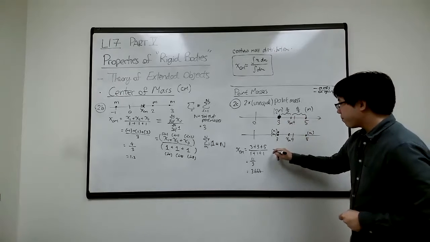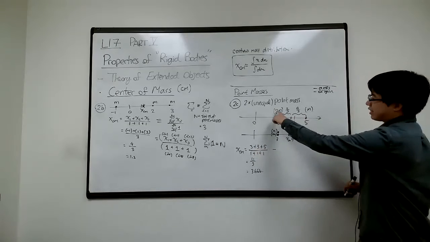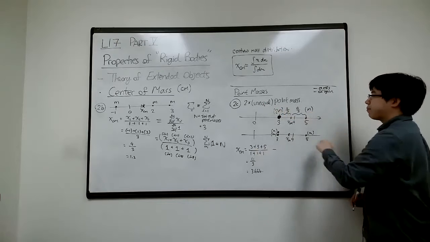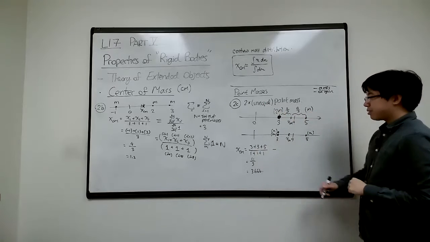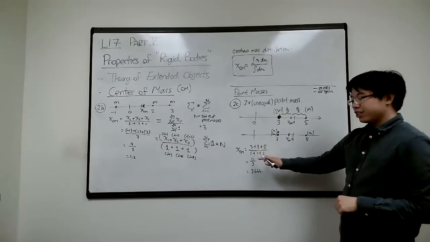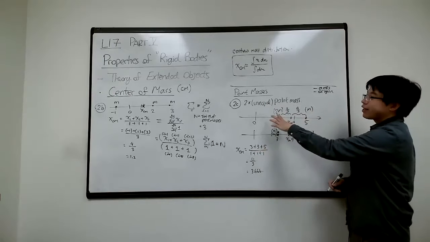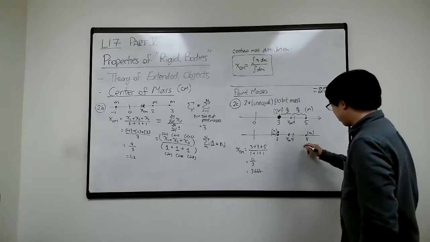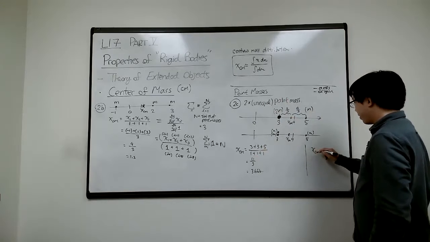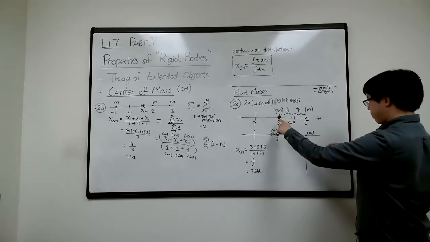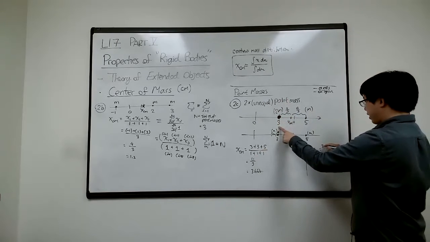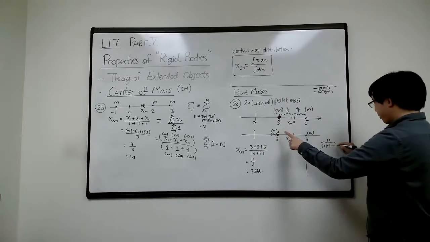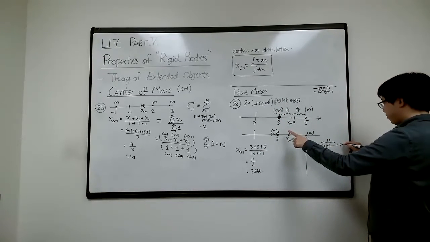Because now if I make this more complicated, like 12 kilograms and 5 kilograms, how are you going to do this? You can treat it as 12 kilograms, so that's just 12 of 1 kilogram. So I can redo this and say XCM is 3 plus 3 plus 3, I need to add this 12 times, plus 5 plus 5.